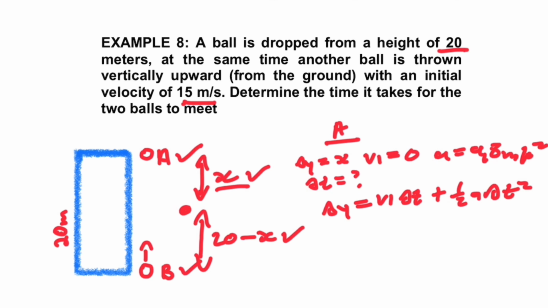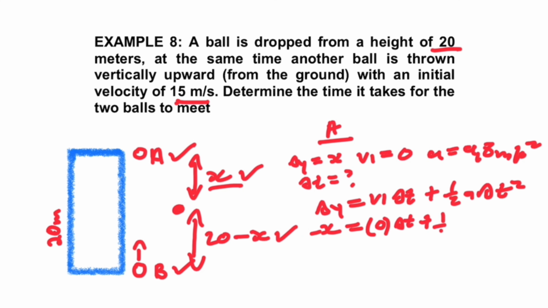So delta y is x meters, right? If we take up as positive, then that should be minus x being equal to Vi multiplied by delta t. Vi is 0 multiplied by delta t plus a half. The acceleration is minus 9.8 delta t squared.